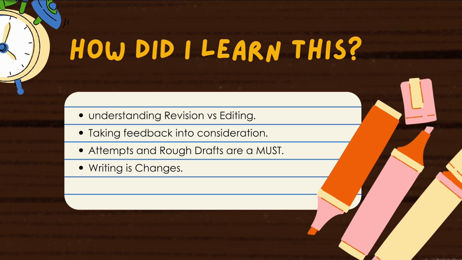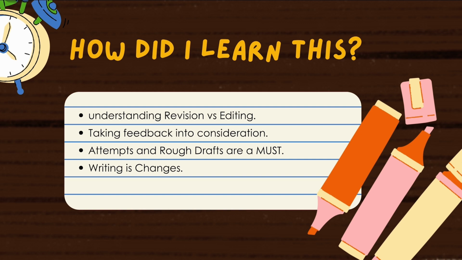The second bullet point is taking feedback into consideration. It's important to take feedback into consideration when writing like a writer because when you're addressing an audience, you have to understand that this audience, they're all going to have different opinions towards something that you're saying. And you have to be ethical when you're writing.